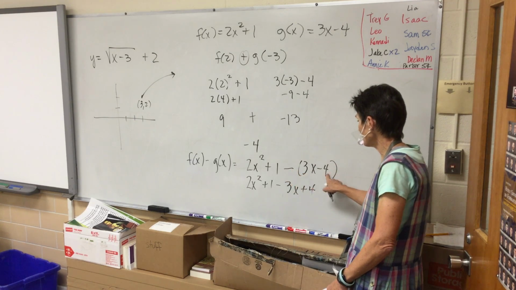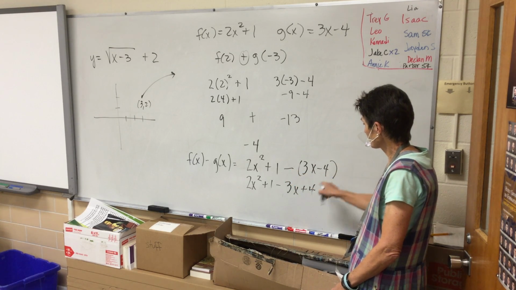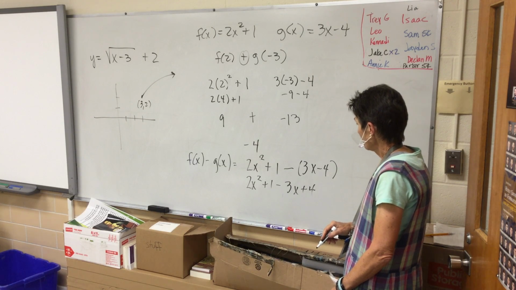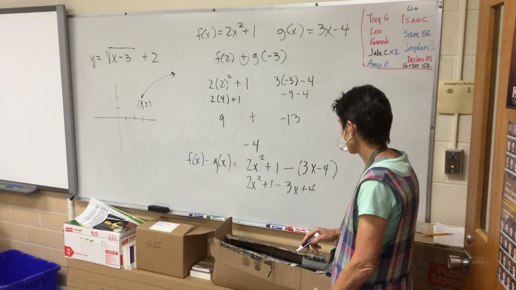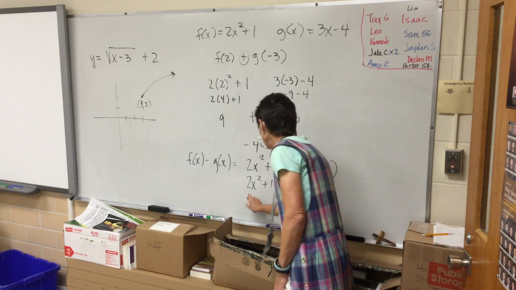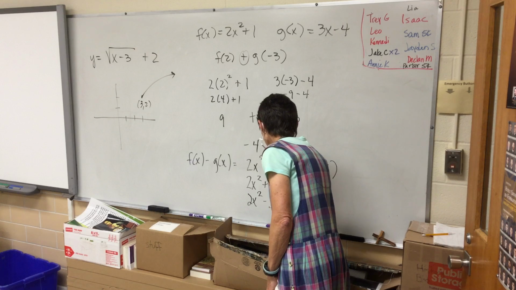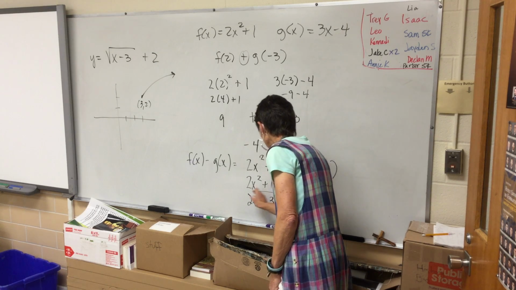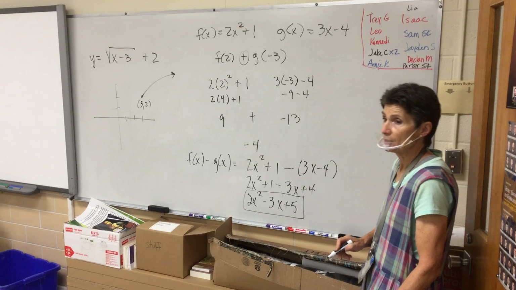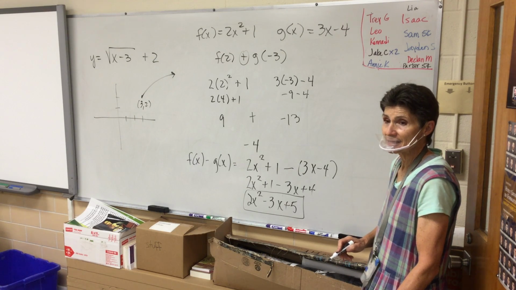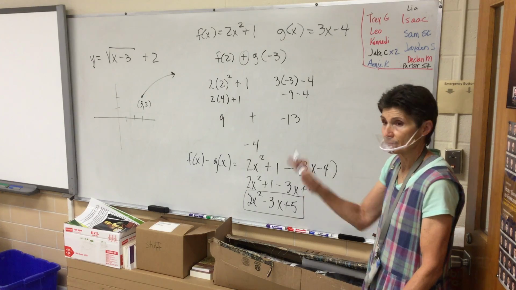Remember, you have to distribute the negative. Do you have any like terms in there? 4 and 1. So it would be 2x squared minus 3x plus 5. That's it, right? Stop right there. Don't do anything else. You're done.